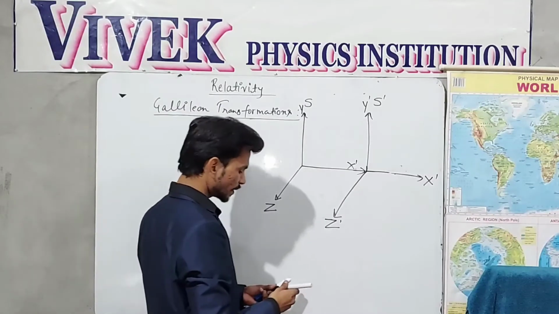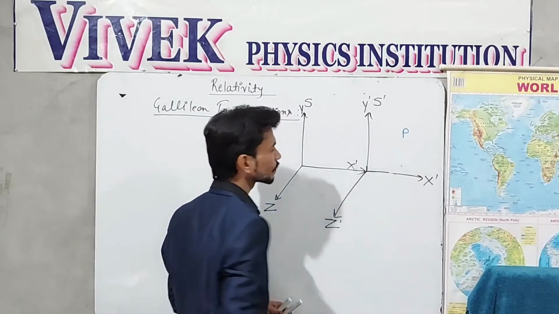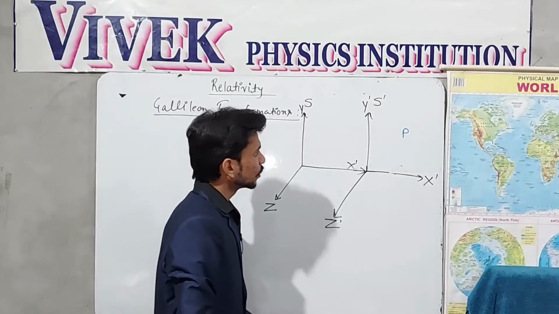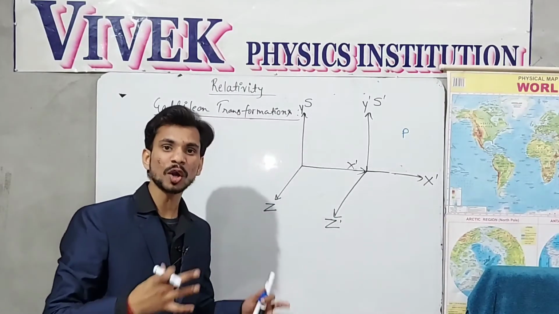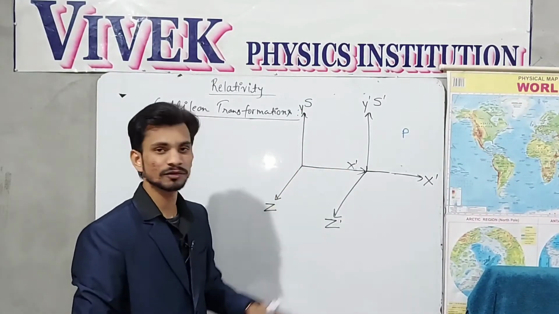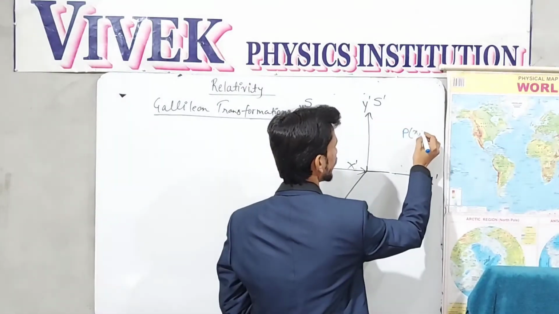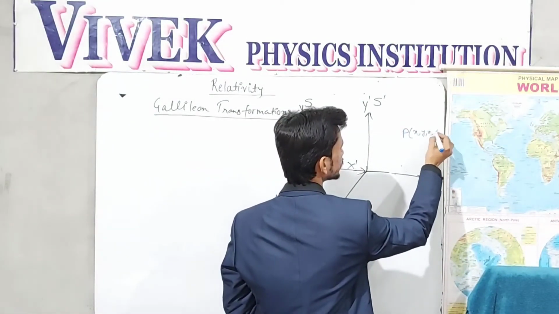Now if we consider a phenomenon or particle P here, whose position coordinates observed in the first inertial frame of reference are x, y, z and t.